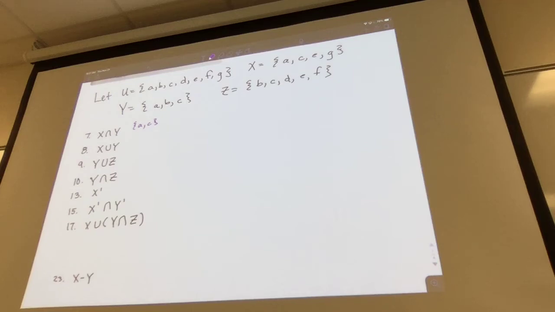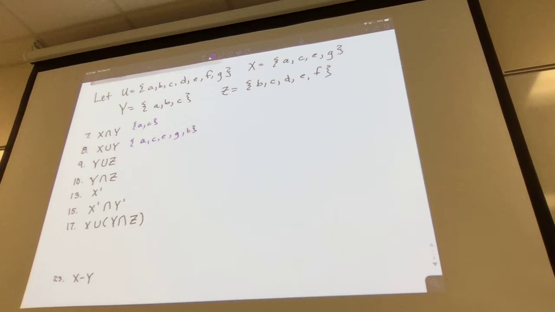So X was A, C, E, G. Okay, and everything that was in Y. Well, we already used A and C, so what's the only other thing we need to include there? B.